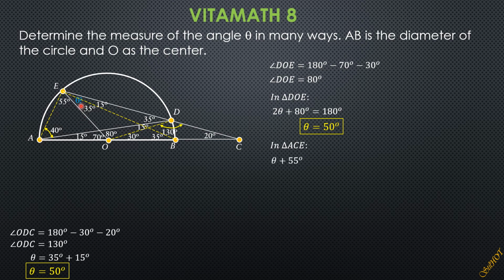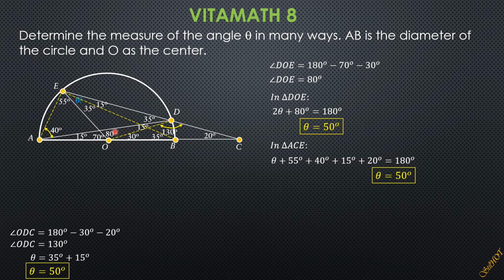So theta plus 55 for this angle, plus 40 degrees plus 15 degrees plus 20 degrees, in triangle ACE is 180 degrees. 95, 110, 130. So 180 minus 130 is 50 degrees. Another way of computing theta.